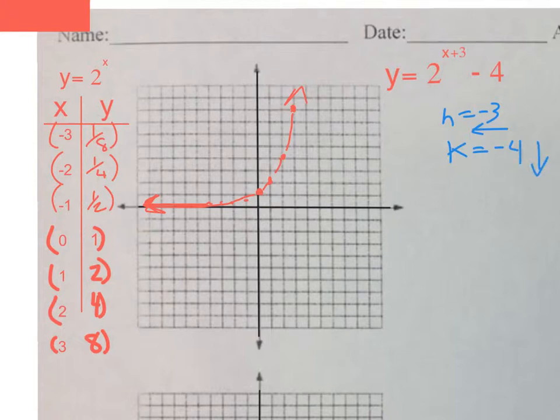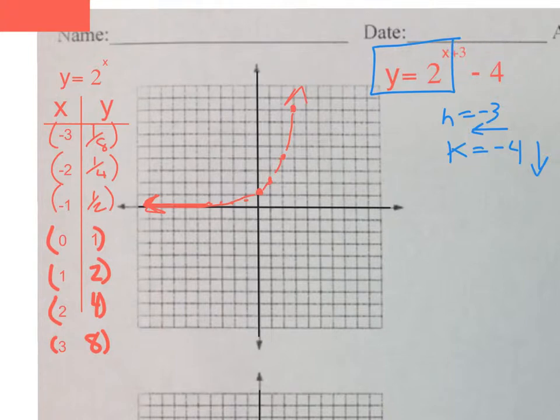And then after identifying h and k, you simply ignore h and k, and you graph this guy, which is y equals 2 to the x, by making the same xy table that you did over here. So you'd have all these coordinates that relate to y equals 2 to the x. And then at the very end, you're going to shift 3 to the left and 4 down.